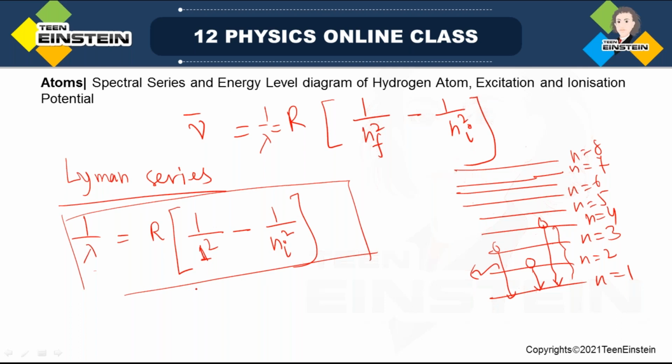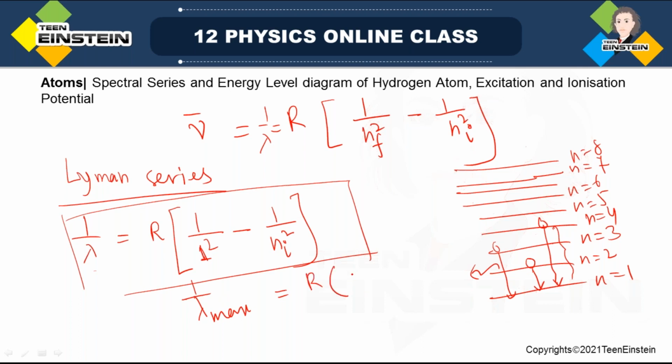Few more points you have to see here. Sometimes they will ask for the maximum wavelength in the Lyman series. When you get the maximum wavelength, that means the energy difference is very less, because they are reciprocal to each other. If you want the maximum wavelength, your energy difference has to be less.